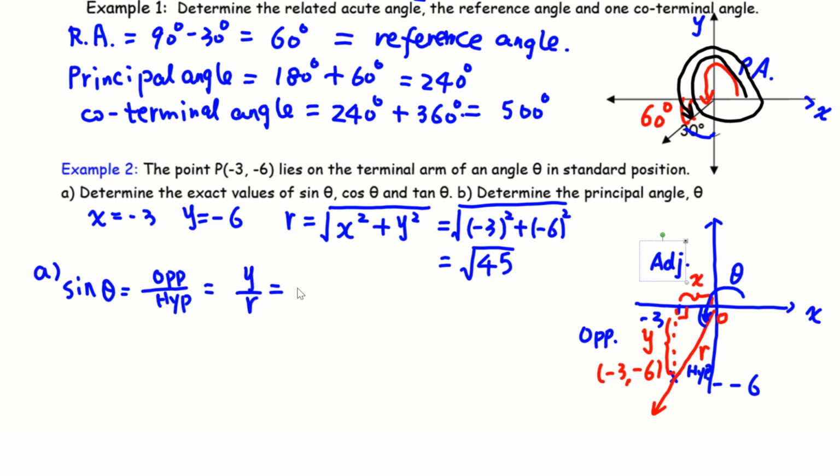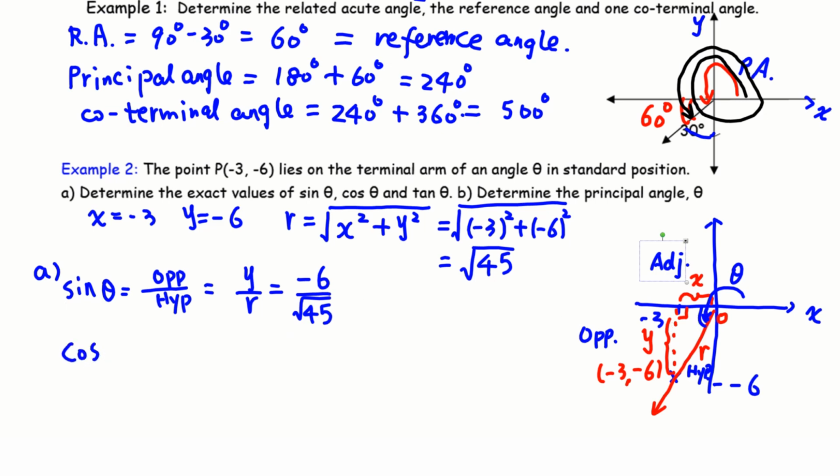It will give you negative 6 over square root 45. So this is how the mathematicians extend sine, cosine, tangent in a triangle to any angles by putting this angle in standard position.